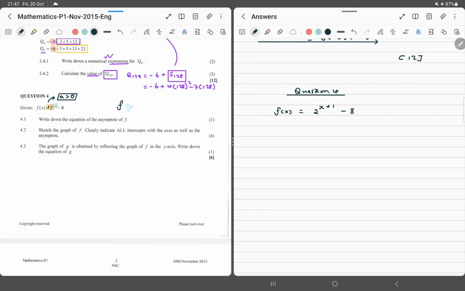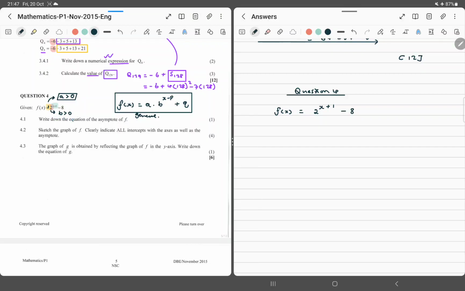Because the standard format is that f of x is equal to a times b to the exponent x minus p plus q. This is the general form or the standard format of our exponential equations that you learn in grade 11.